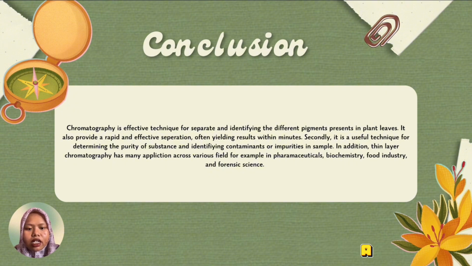Secondly, it is a useful technique for determining the purity of a substance and identifying contaminants or impurities in a sample. In addition, thin layer chromatography (TLC) has many applications across various fields, for example, pharmaceutical, biochemistry, food industry, and forensic science. For example, in forensic laboratories, TLC is used to identify drugs and toxins in biological samples, such as blood and urine.